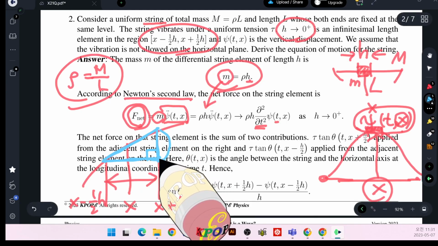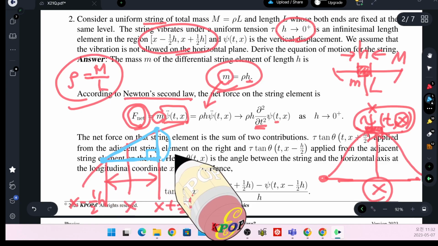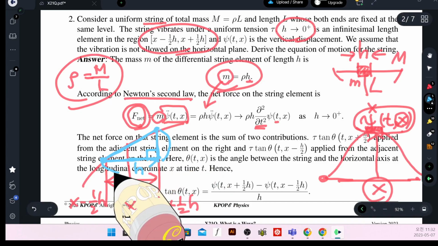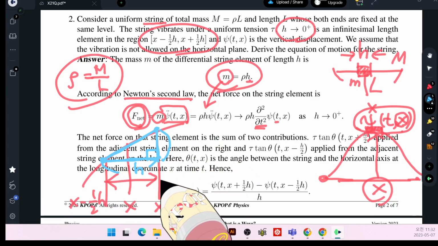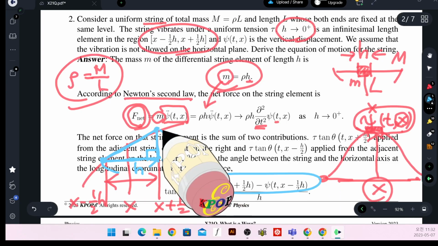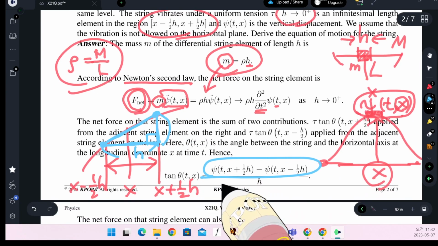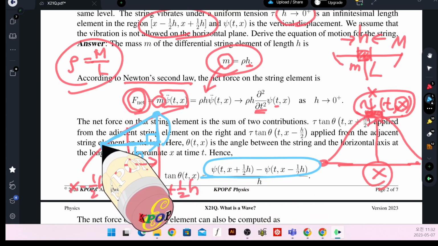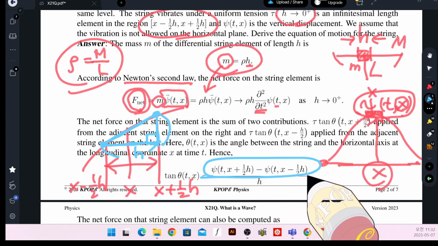The height represents the change in the position by shifting the x by h. And this amount of change represents this function evaluated at x plus 1/2 of h, subtracted by the function evaluated at x minus 1/2 of h.